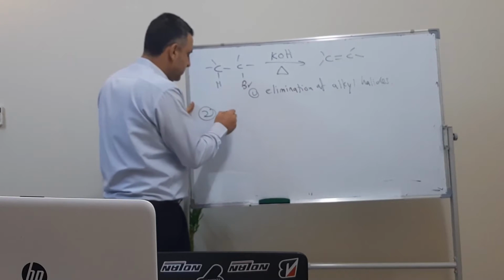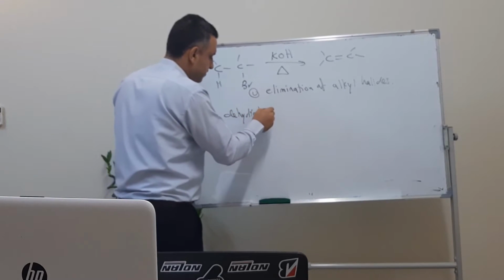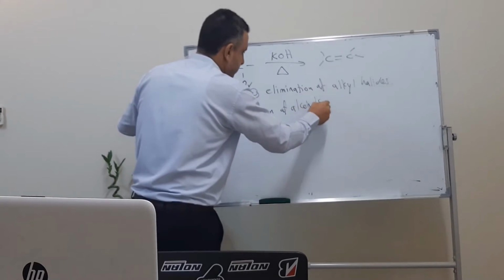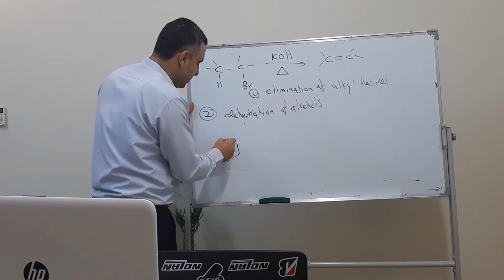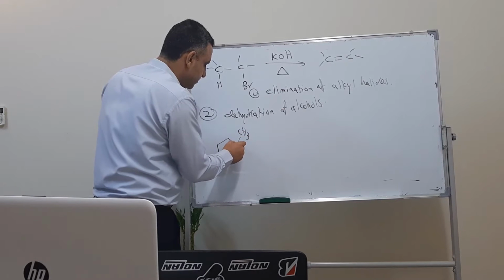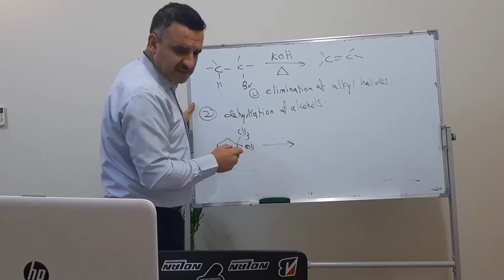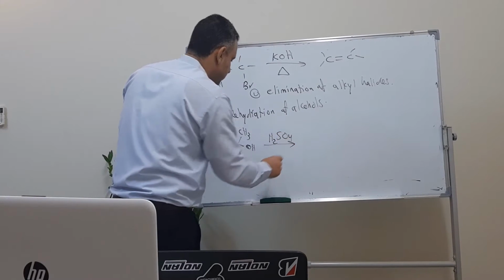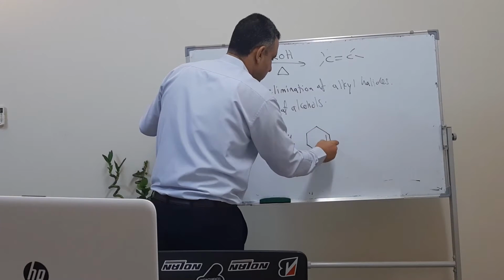The second method is dehydration of alcohols. For example, if we took this tertiary alcohol, we allow it to react with strong acids such as sulfuric acid. What we are going to get is the corresponding alkene.